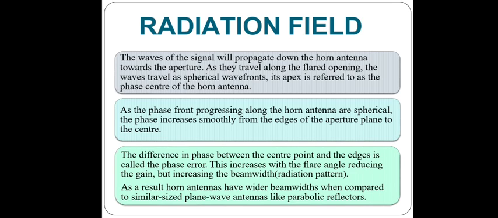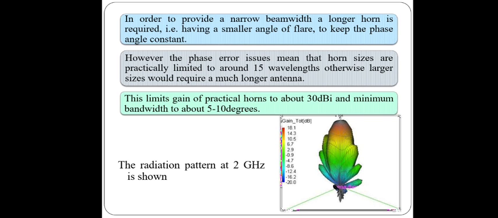As a result, the horn antenna has a wider beam width compared to similar-sized plane wave antennas, like parabolic reflectors. In order to provide a narrow beam width, a longer horn is required, having a smaller angular flare to keep the phase angle constant.